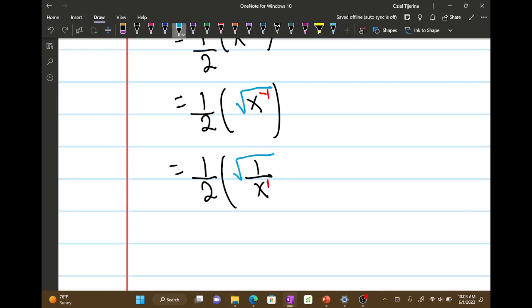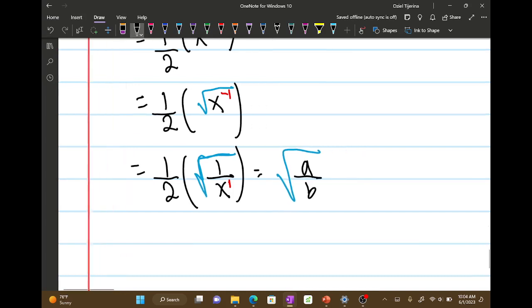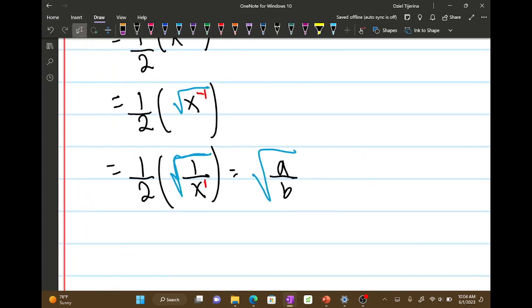And since this is a square root, we know that the square root of a over b is the square root of a over the square root of b.